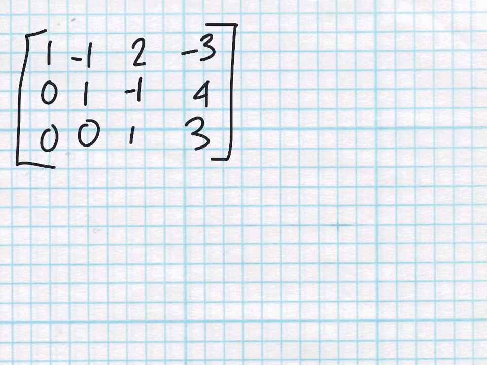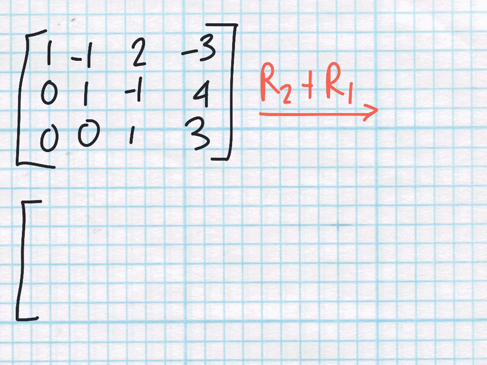So the first step that I'm going to do to get there is row 2 plus row 1, and I'm going to put it in place of row 1. When I add those two rows together, I'm going to leave rows 2 and 3 as they are.